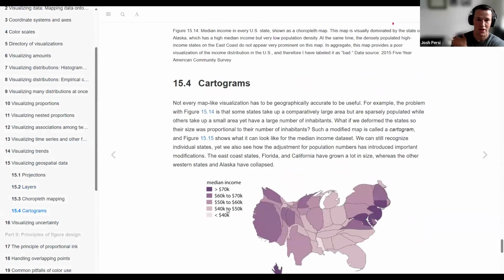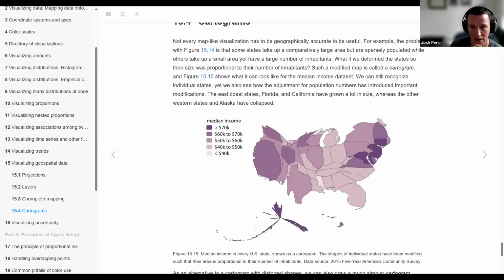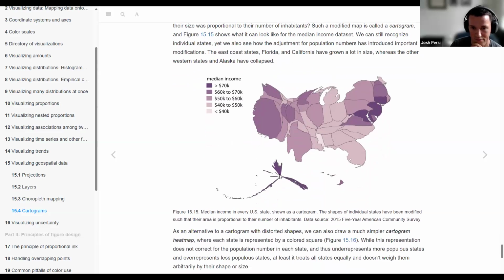Okay, so it's not area, because Alaska looks way smaller than Texas, which wouldn't make sense if you were preserving area. But Alaska is far more sparsely populated, so it shows up as a smaller, much odder looking graphic than Texas, which is fairly populated, from what I understand.